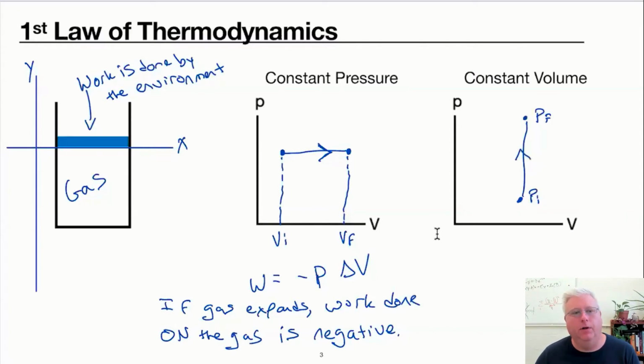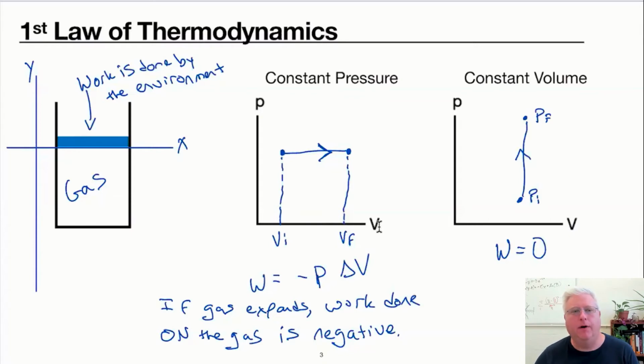And so if the work is the negative of the area under the curve, well, that tells us that in a constant volume process, no work is done. We're going to see a few more processes and what happens with each, and how that relates to the thermal energy and the work done in the heats.